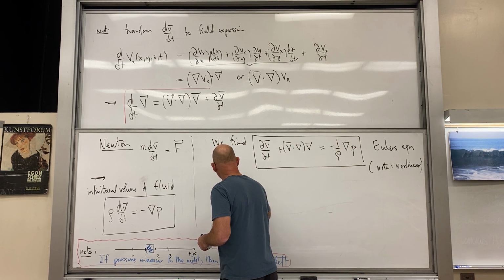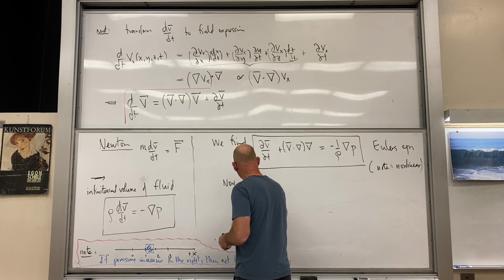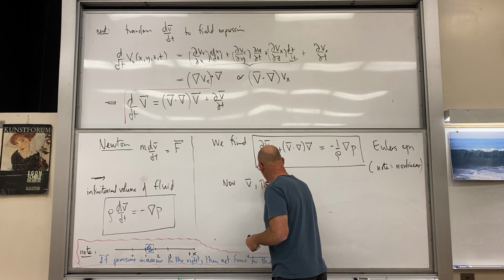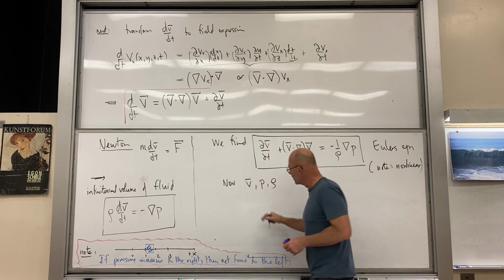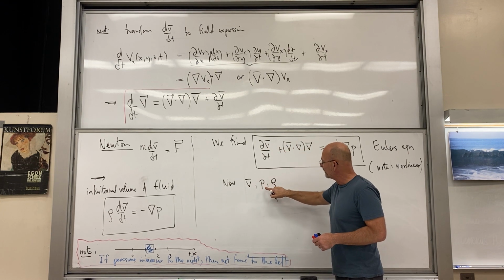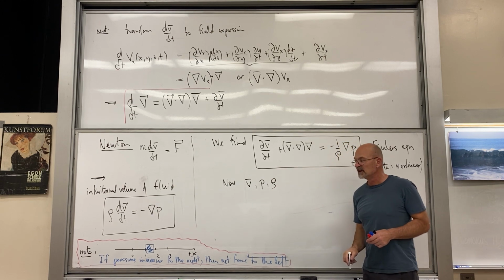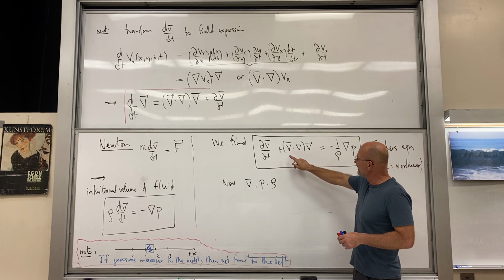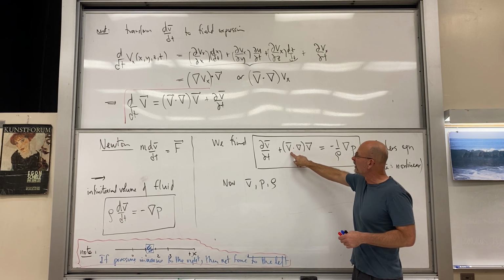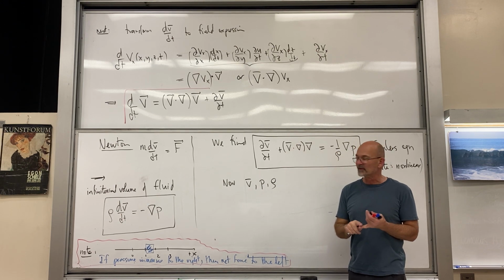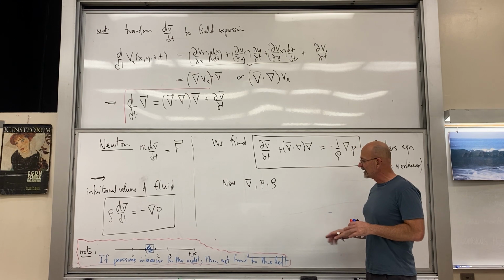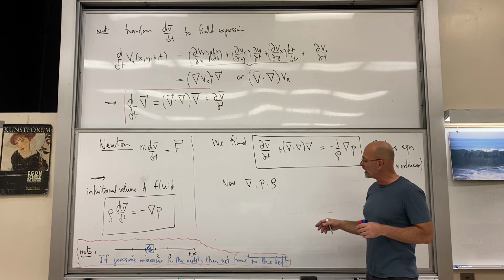So now what do we have? We have v, P, and rho. That's 1, 2, 3, 4, 5 quantities. And we have 4 equations, because Euler's is 3 equations, a vector, and our continuity equation is 1 equation, a scalar. So we need another equation, and we need a little bit of thermodynamics as well.